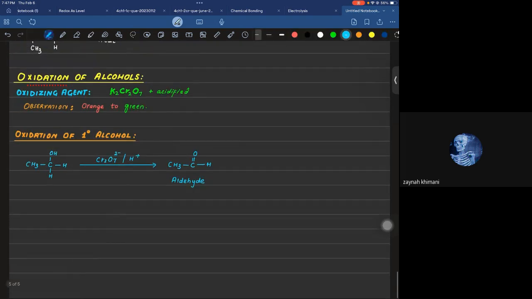But remember, the condition was heat and distill. This is known as partial oxidation.